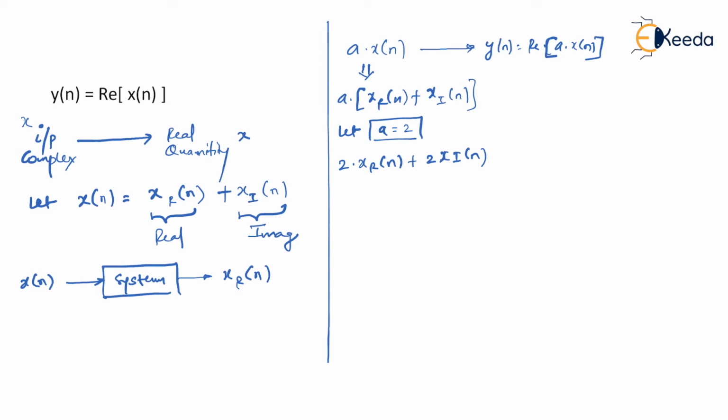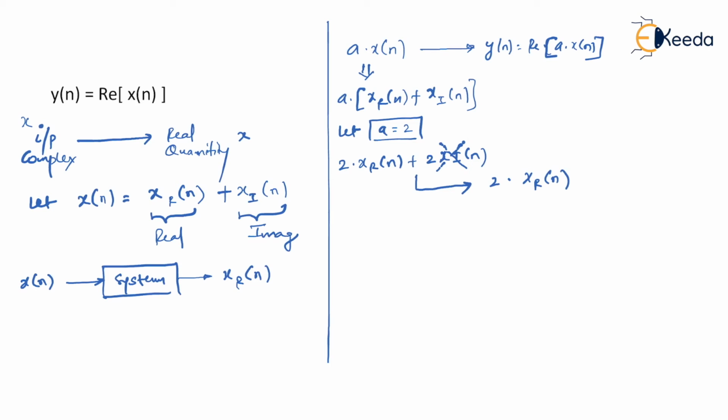Is that right? So let us see. When you apply such type of input, when it is processed through the system it filters out the imaginary part. So it is going to cancel out this imaginary part and it gives you output as twice xr of n.